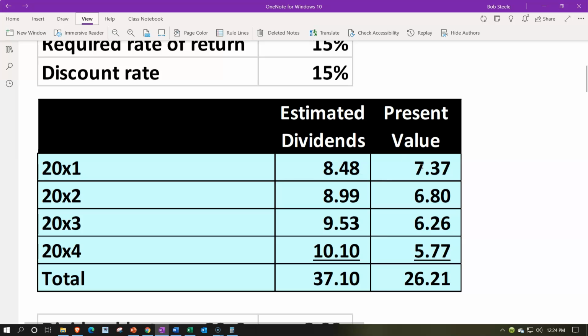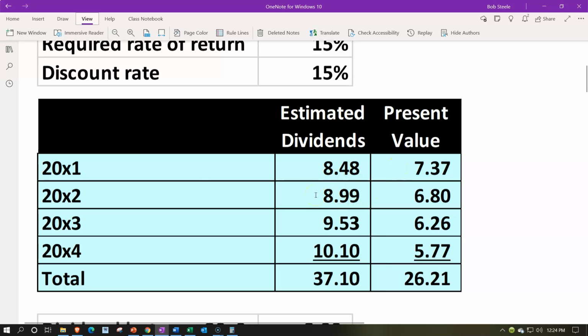We can do this for some time out into the future. If we so choose, we do this problem in Excel, so you can take a look at those. So it would look something like this. So that first dividend, if we present value it, we'll not show the calculation right here, but just conceptually, if we present value the 8.48, present value of 1, bringing it back 1 period to the present, we get to the 7.37.